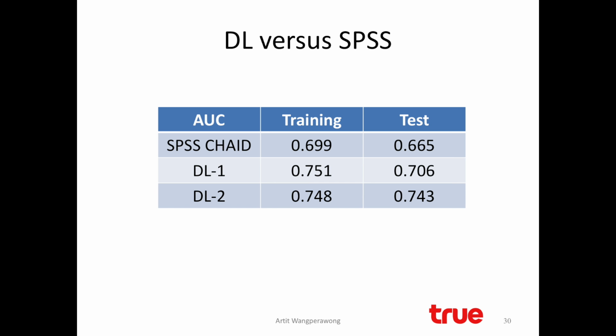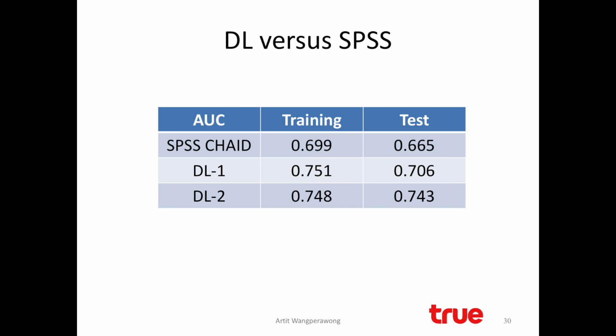You can first see that it outperforms the simple decision tree model, which gets up to maybe 0.6, 0.7 between the training and the test at most. But the deep learning model, DL-1, gets between 0.75 and above 0.7. So it does better. However, you still see that there's a discrepancy between the AUC of the training and the AUC of the test.